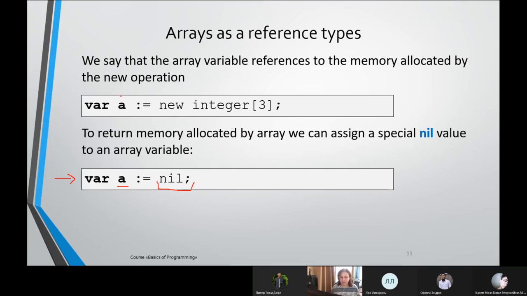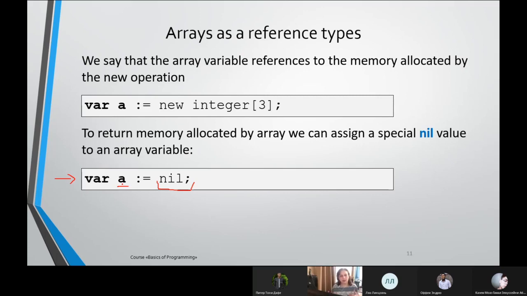So if we have some variable and we use it in our program, and after some moment we don't use it anymore, so we did everything we needed to do, but we must do something else, and we need more memory to use in our program. So we must free the memory which was allocated by this array.